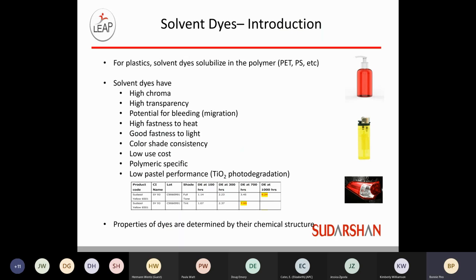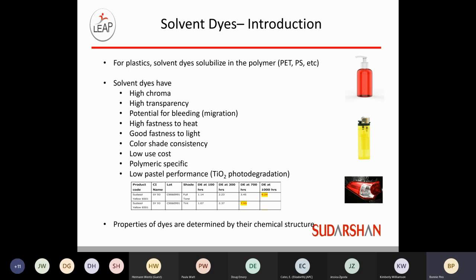For plastics, solvent dyes solubilize in the polymer of interest, whether that be PET, polystyrene, or any other plastic. So solubility in the polymer is key for these types of dyes. Solvent dyes have high chroma, very high transparency. They do have a potential for bleeding or migration. They have very good fastness to heat and good fastness to light because of the metal complexing that we talked about earlier.